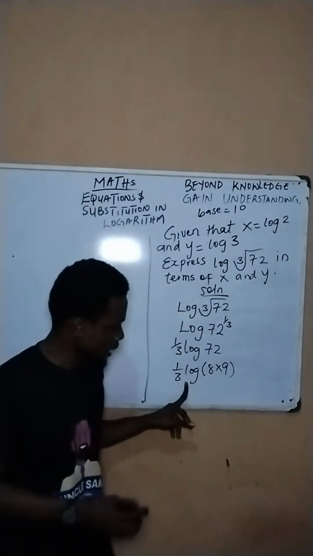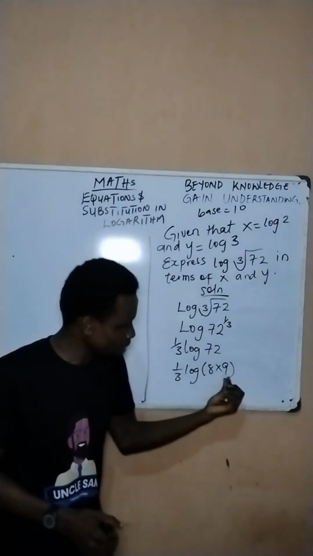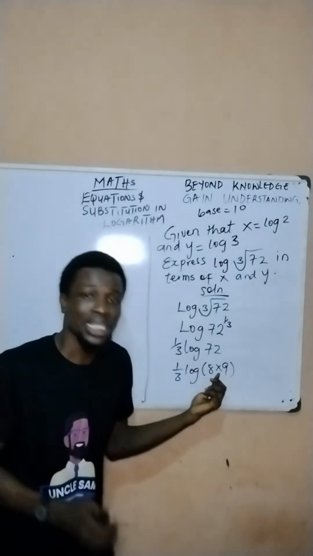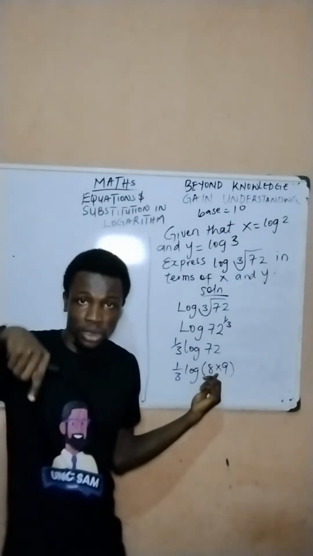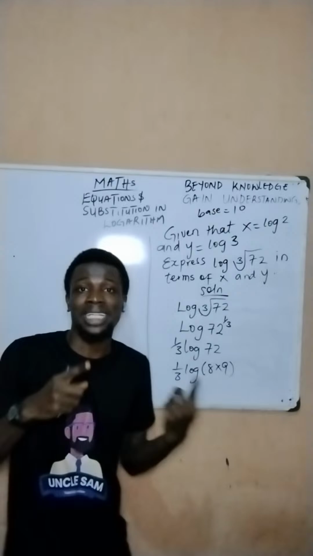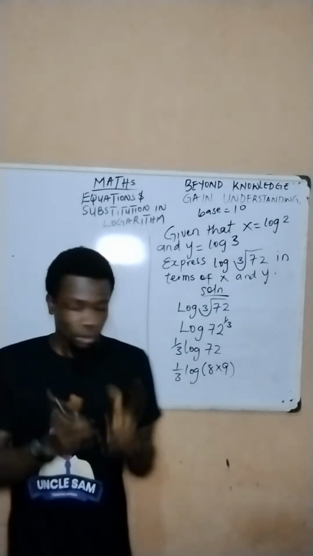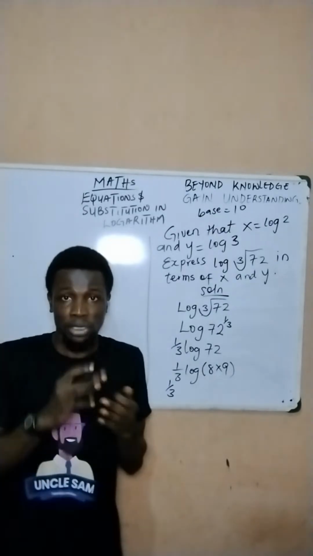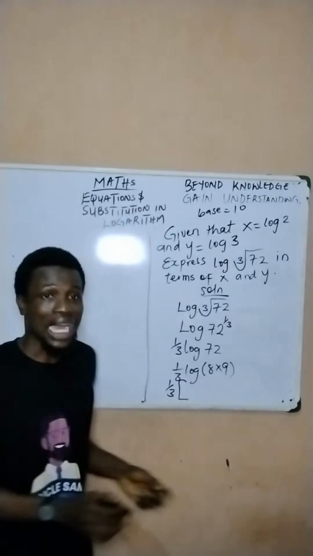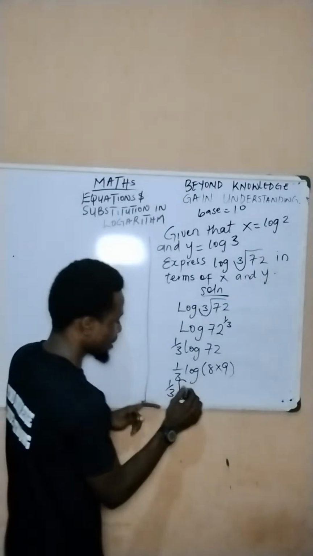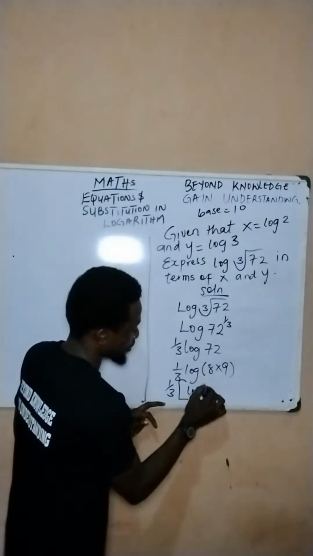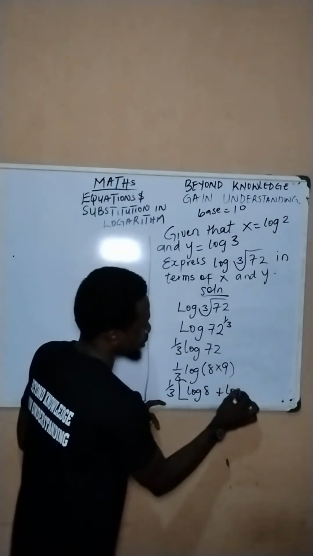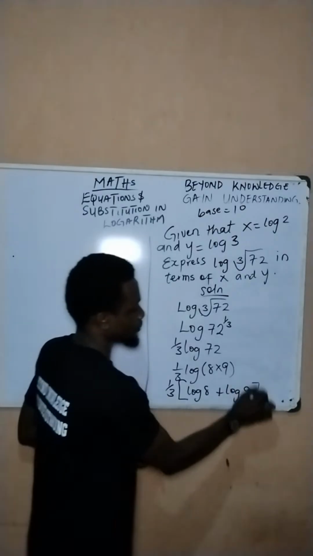Now that I've gotten to this point, I know that if I have this kind of expression, it's multiplication. If I want to walk back to how it was gotten originally, this multiplication will now change to addition. So this is simply saying 1 over 3, which is the power, which is now the coefficient of the log, that is multiplying all the log. I'll now keep it outside the bracket, and this is something as what? Log of 8 plus the log of what? 9.